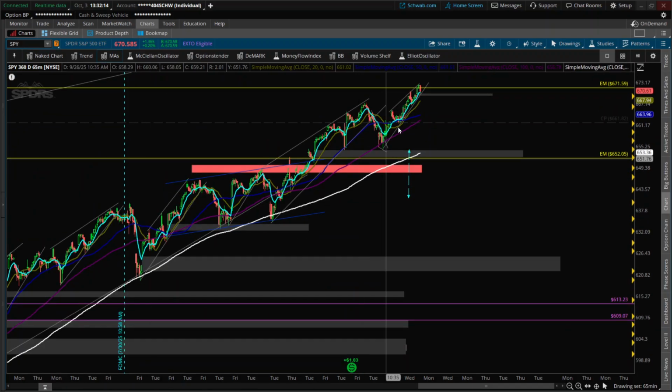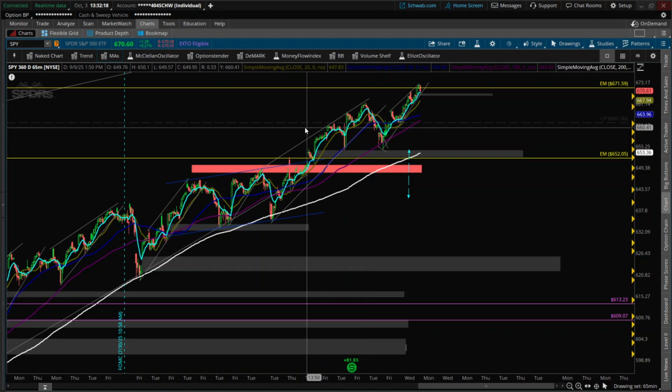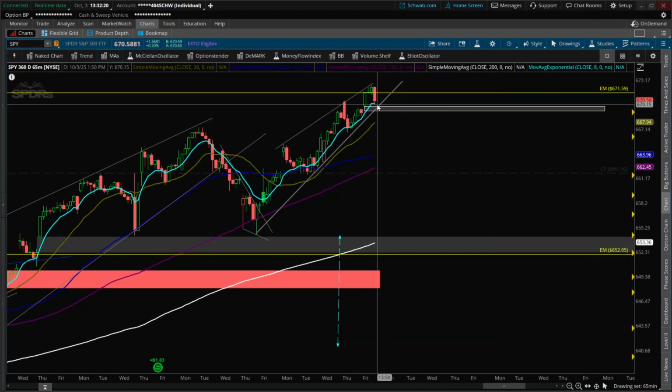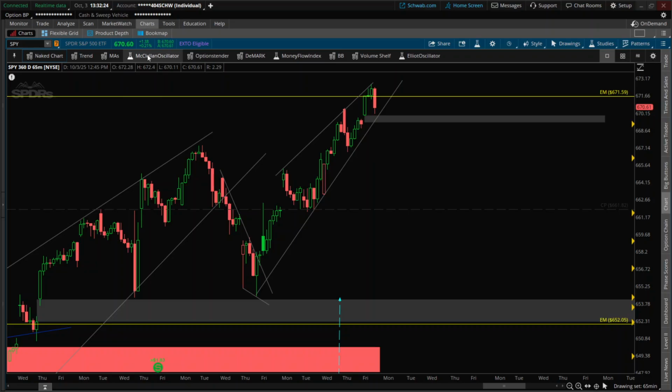Here's your moving averages. We're touching the 8 EMA so far and getting a little reaction off of it. So the trend is still up, momentum still up technically.